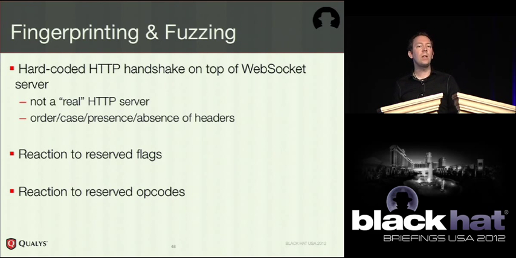Because what we've seen is that you could have not even 200 lines of server-side code, like Sergey was showing us in C++, or you could have Node.js working as a server. And all these are going to have different attributes or different behaviors as they respond to these data frames. And of course, one of the other things to highlight is that in the very beginning, I talked about the HTTP handshake.